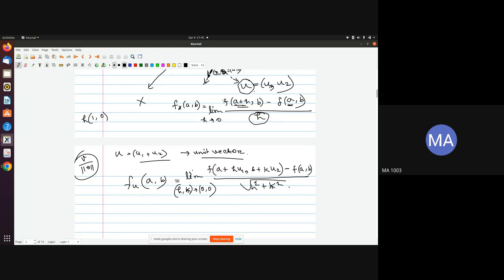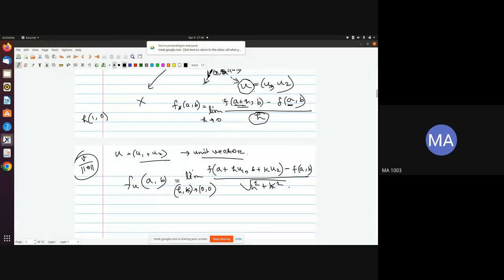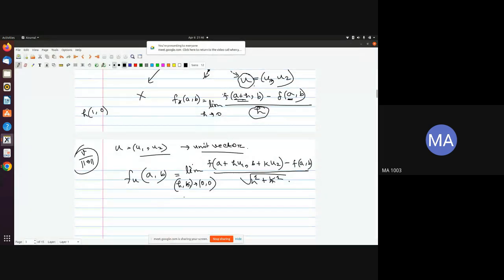He wrote like how we defined the partial derivative: f of (a plus h of (1, 0), b). So that is for the partial one. Yes, exactly, so that is what I am doing now.